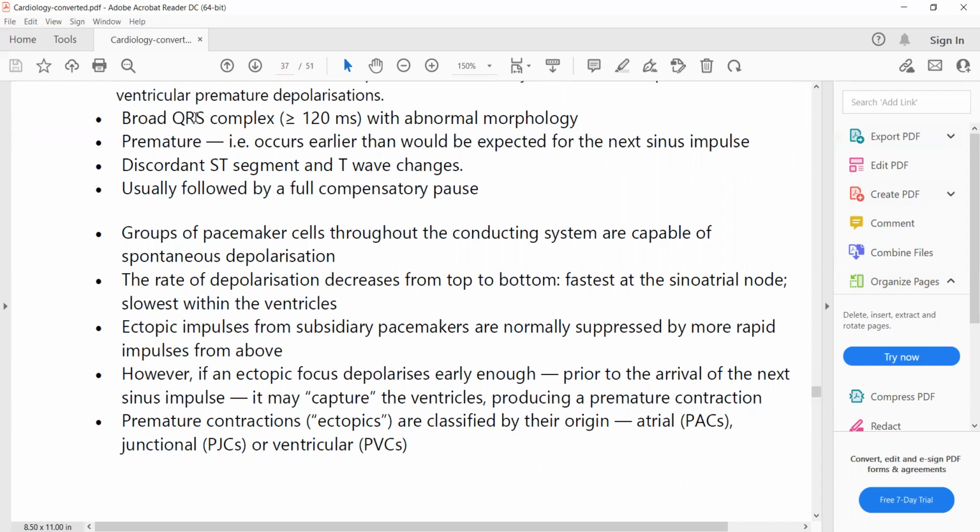Remember that if the QRS complex is positive, then the discordant ST segment and T wave changes mean they will be opposite to QRS complex. If the QRS complex is upward or upright, then ST segment and T waves will be downward or inverted. So if the QRS complex is positive, then there will be ST segment depression and T wave inversion. And if the QRS complex is negative, then there will be ST segment elevation and hyperacute T wave.